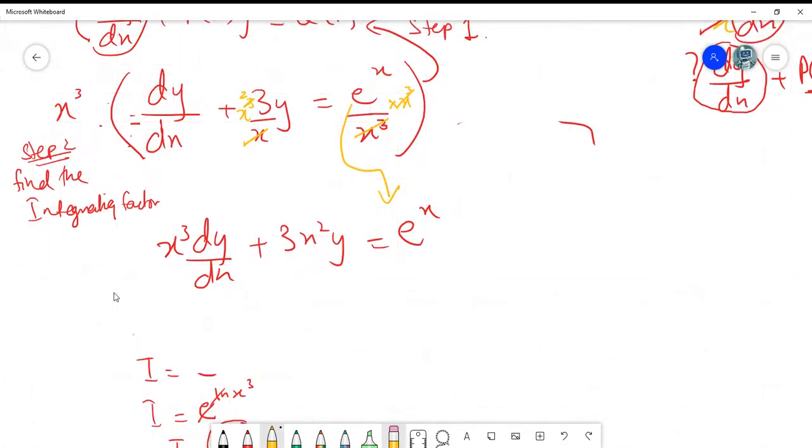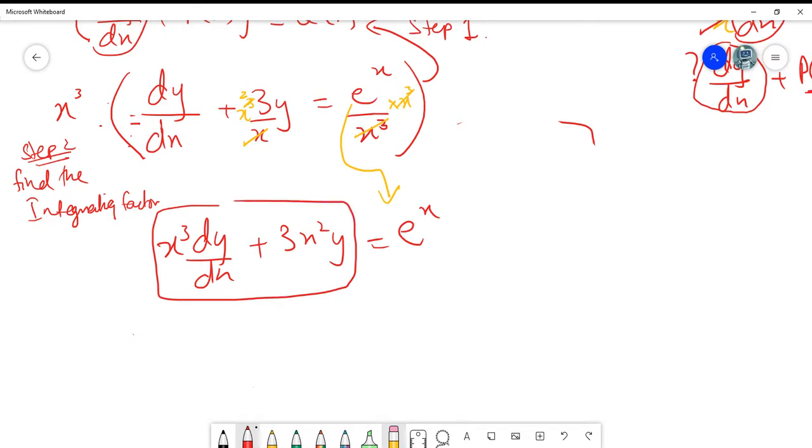Now, if you look closely at the left side of the equation, all you have is the product rule being applied to this function. The differentiation of x cubed y will give you this.